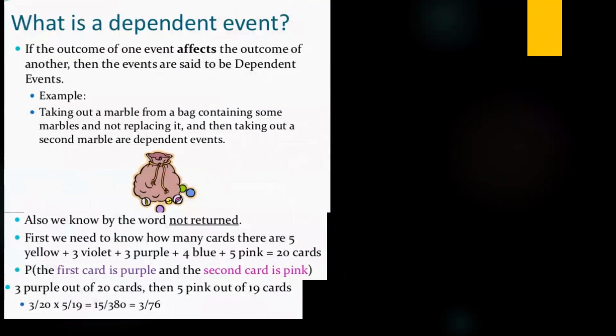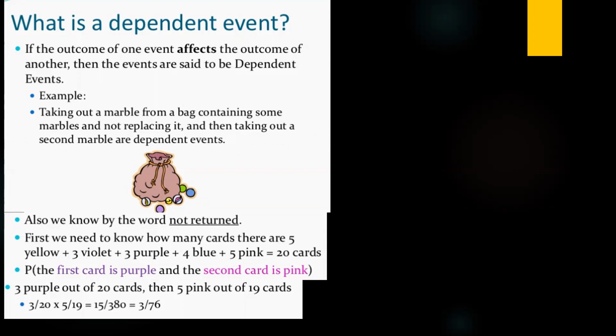Now, let's talk about the dependent event. Dependent means that if the outcome of one event affects the outcome of another, that means they are dependent events. Here, what does it mean?